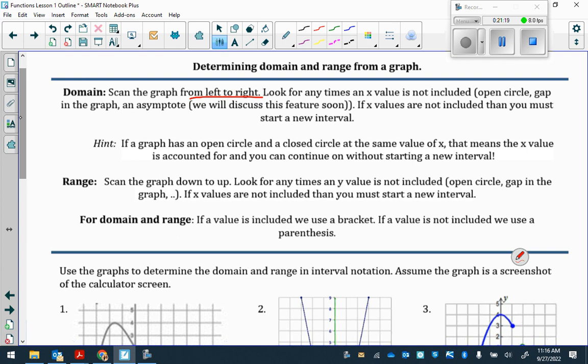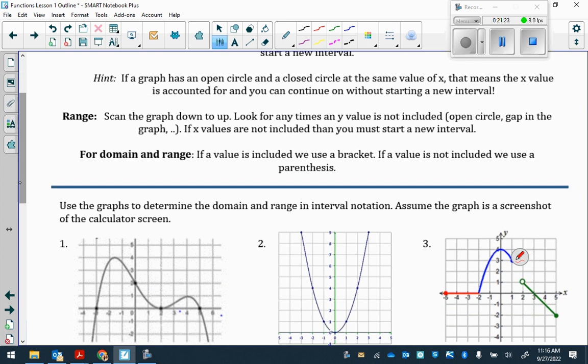That's where that U comes in. For the range, you're scanning the graph down to up, from your lowest y value to your highest y value, and again, you're looking for open circles, gaps, asymptotes on the graph, and then you have to start a new interval if there is.